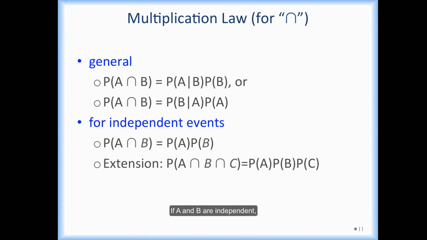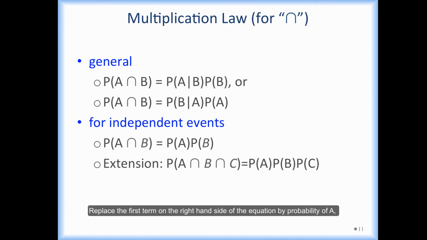If A and B are independent, then the probability of A given B is the same as the probability of A. Replace the first term on the right-hand side of the equation by the probability of A, and you will get the formula for independent events.